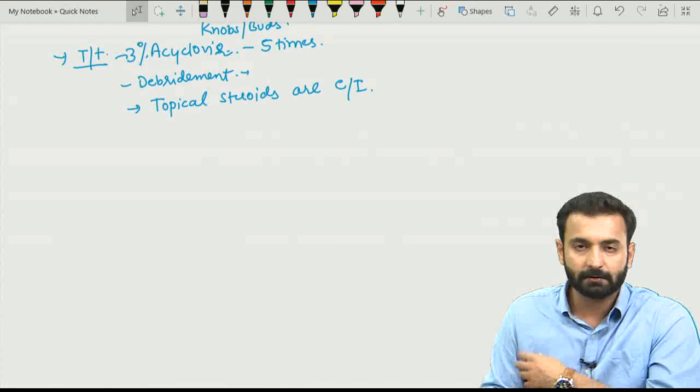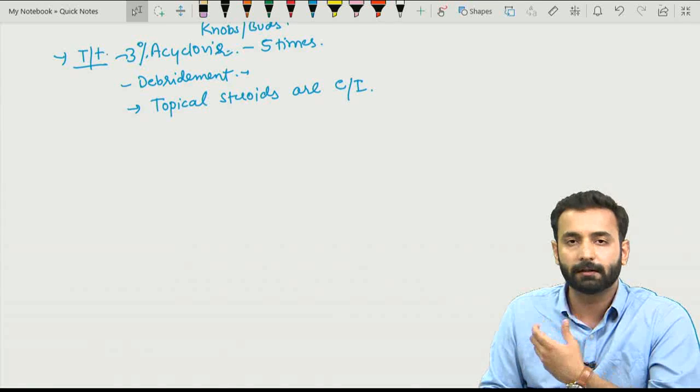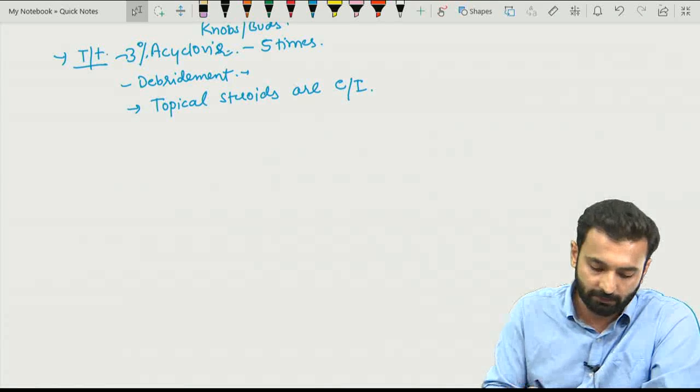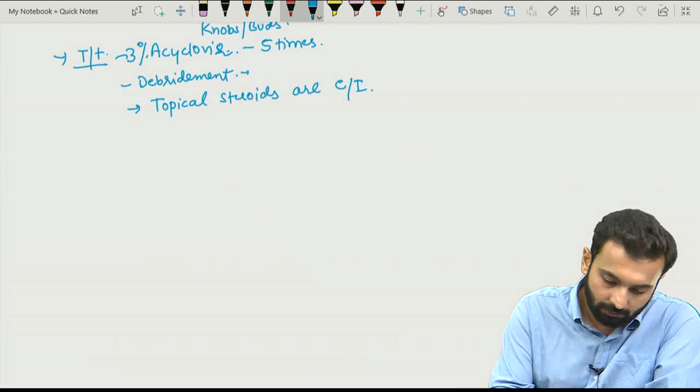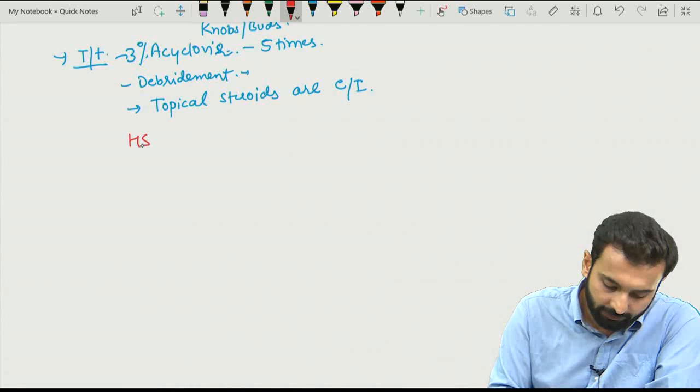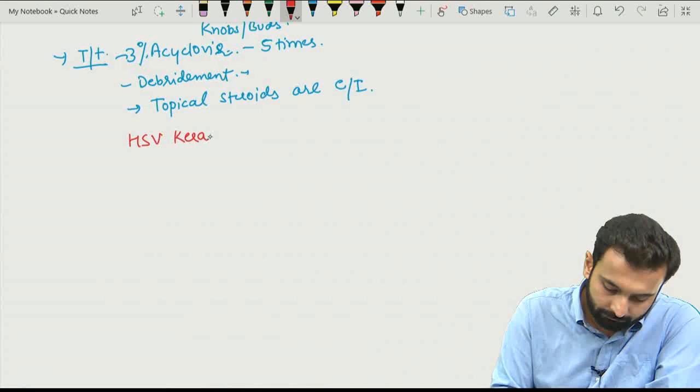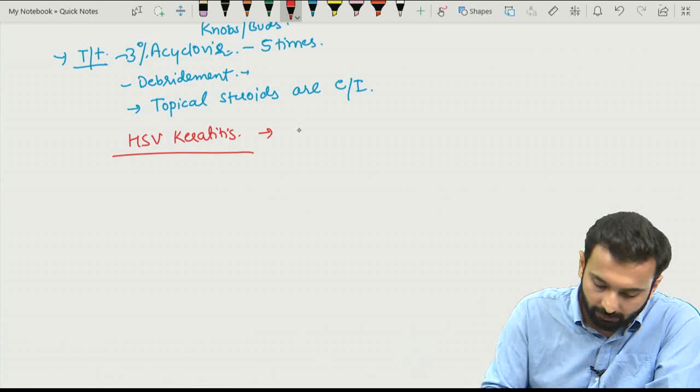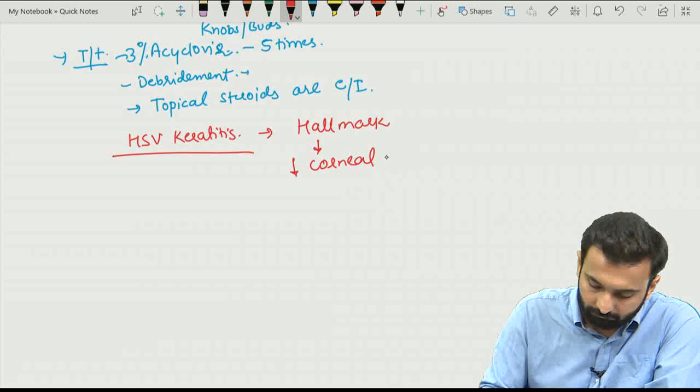Now let us discuss the other causes. What are the other causes of decreased corneal sensations? In herpes simplex virus keratitis, if they ask you the hallmark sign, it is decreased corneal sensations.